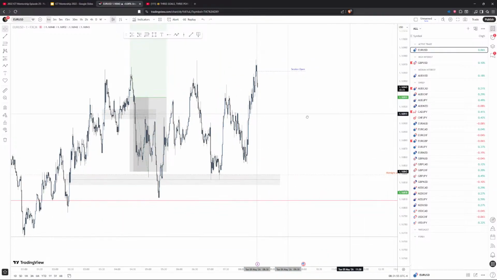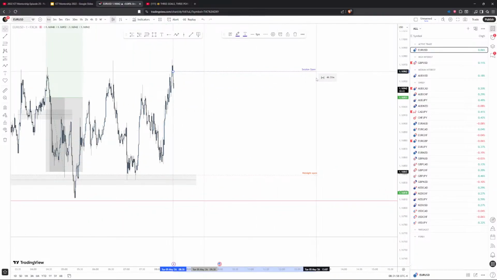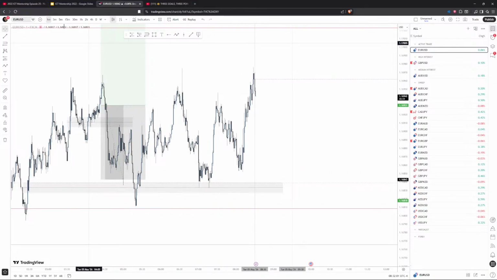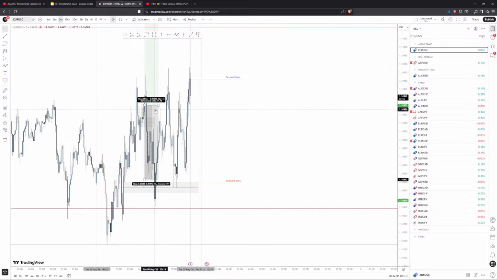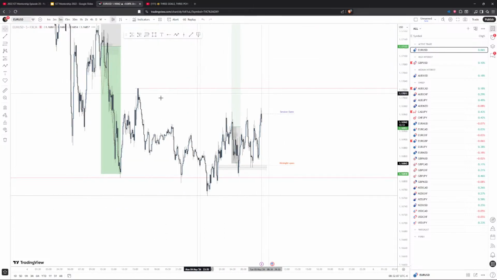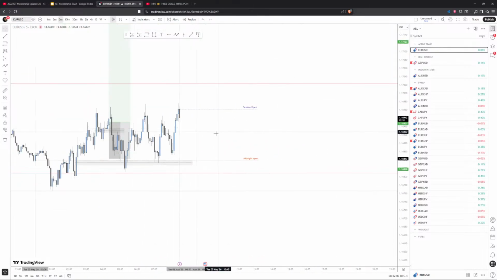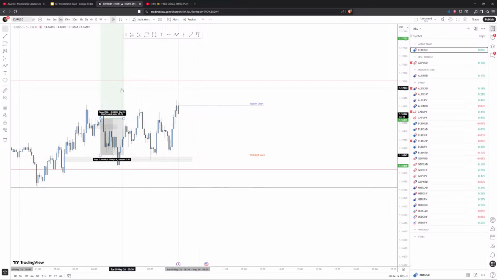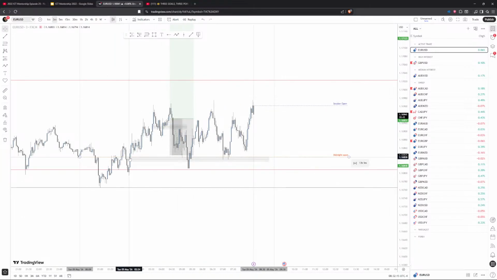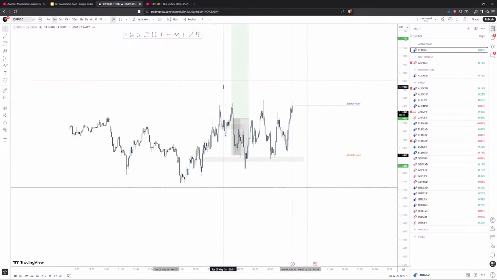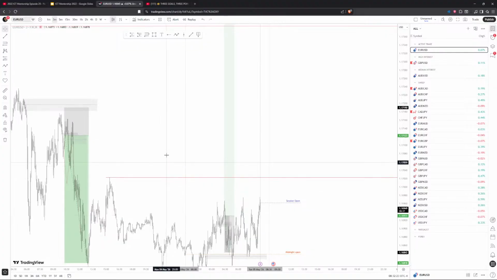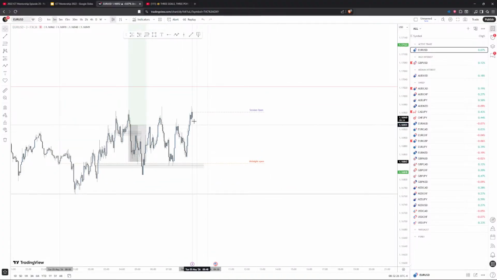It's over here. Maybe we can take out lows down here. We'll just monitor it. It's a medium interest.